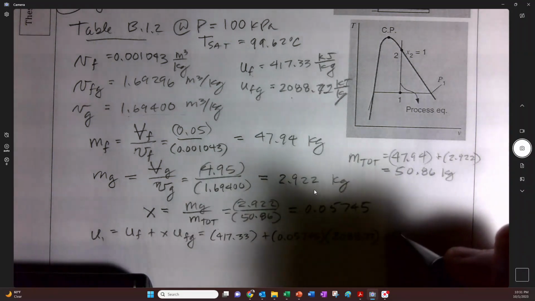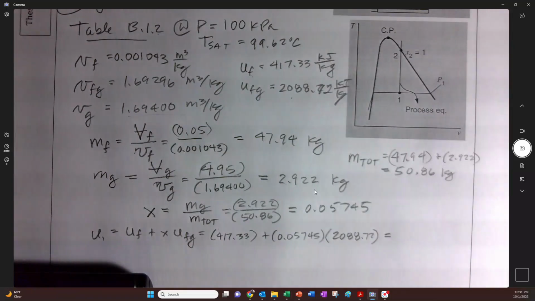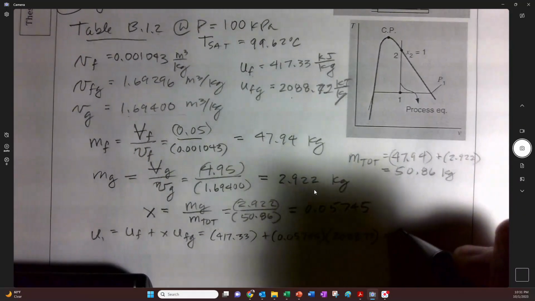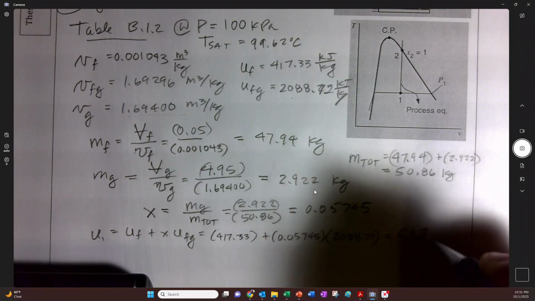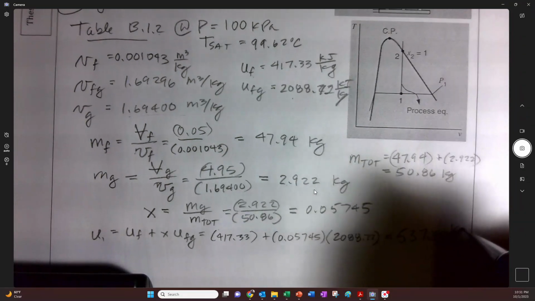I don't know what I'm doing. How is that possible? Well, I guess it's possible, okay. I'll get 537.33, and that should be kilojoules per kilogram.